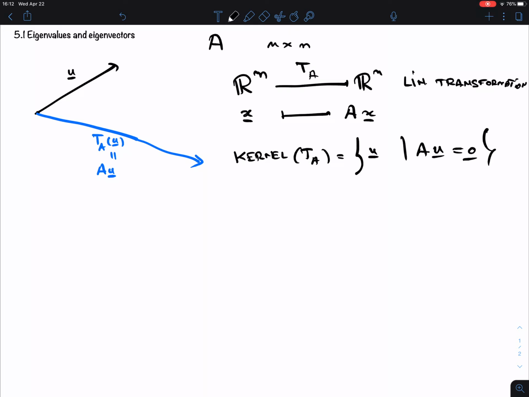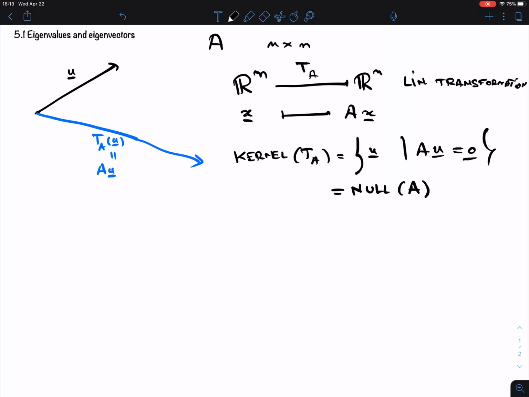If you think of this as a coefficient matrix of a linear system of equations, you're looking for the solution space, which we also call the null space of A. That's another connection with something we discussed last time. But now we're not going to be interested in the null space. That was from the previous section.